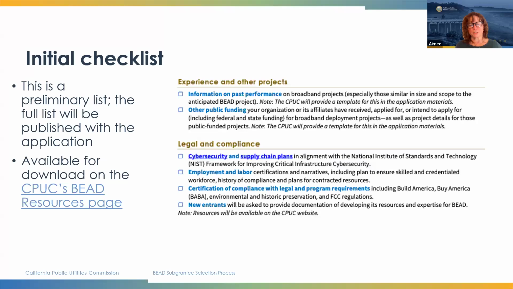And for other public funding, NTIA's guidance is very clear that means all public funding that you're thinking about or have obtained recently. Depending on the size of your organization, that may be a lot, that might not be a lot, but if you know it's going to be a lot, start working with your organization and start pulling that together.